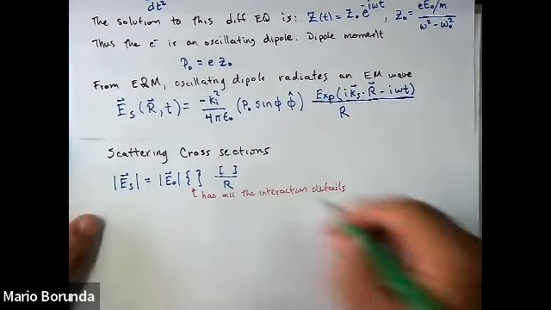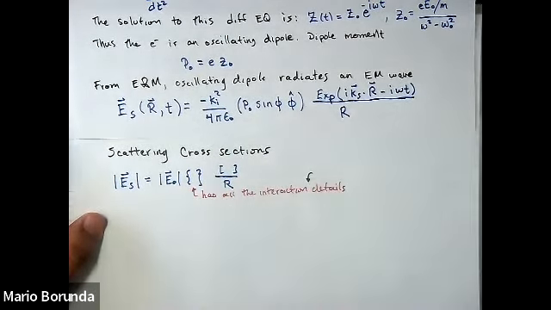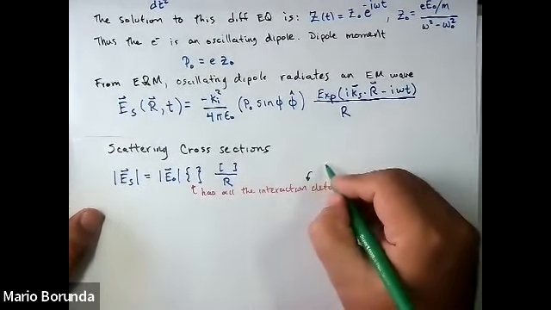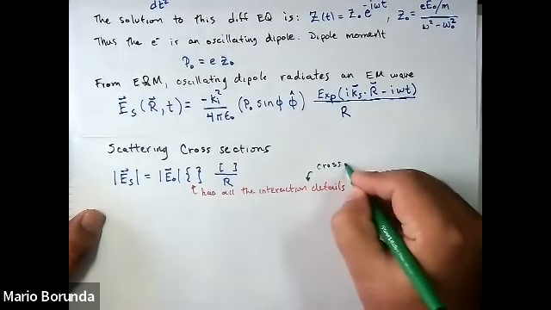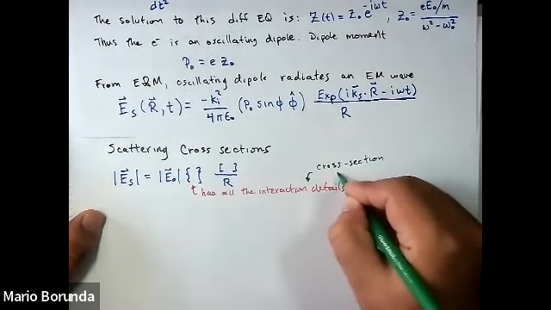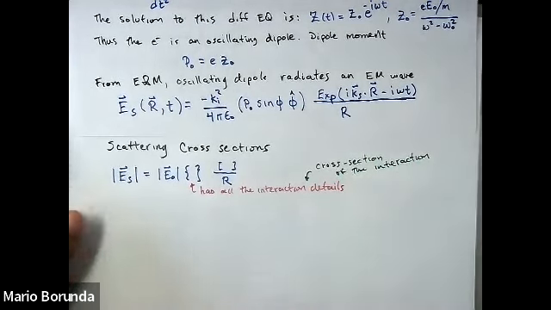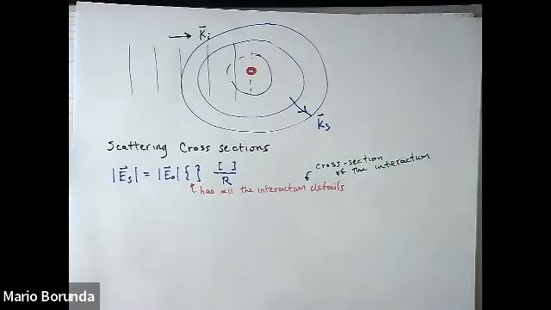Another way to say the interaction details is the cross section of the interaction. So this cross section is the portion of the system that has how strong is the interaction for a particular field that is coming in.